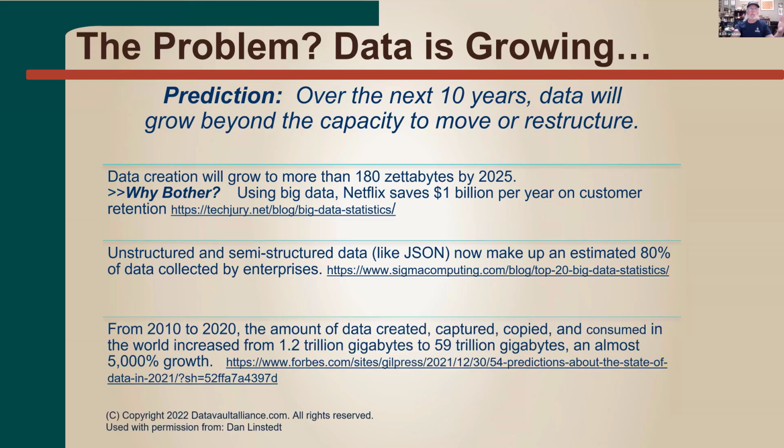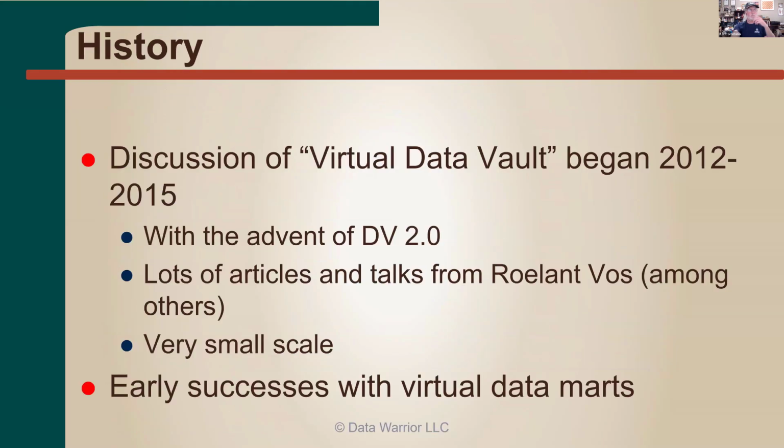And then from 2010 to 2020, the amount of data created, captured, copied, and consumed increased from 1.2 trillion gigabytes to 59 trillion gigabytes. That's 5,000% growth. So we've got a lot more data coming at us. That means it's going to take a lot more time and compute resources to move that data around and restructure it like we would have traditionally done.